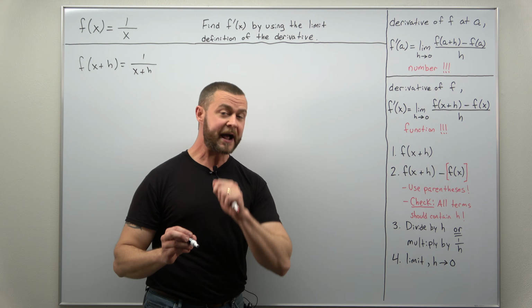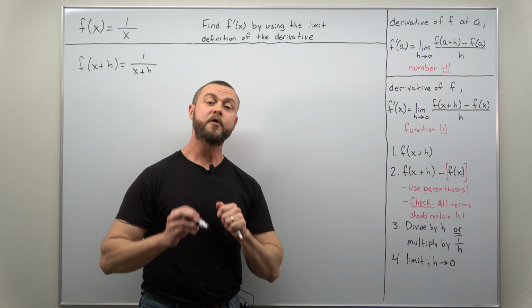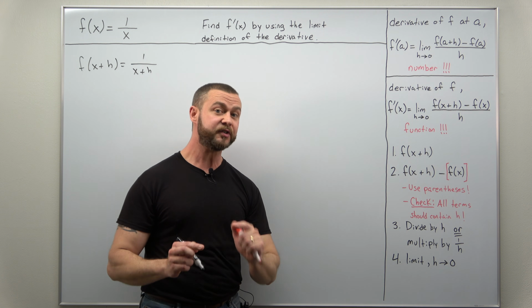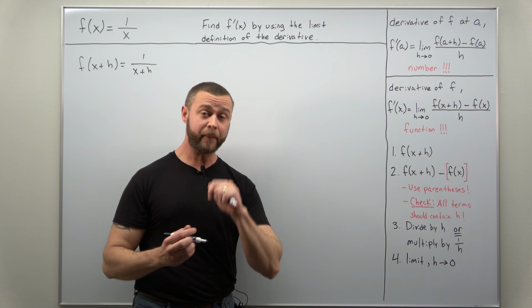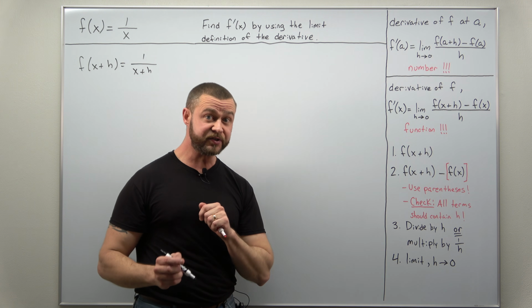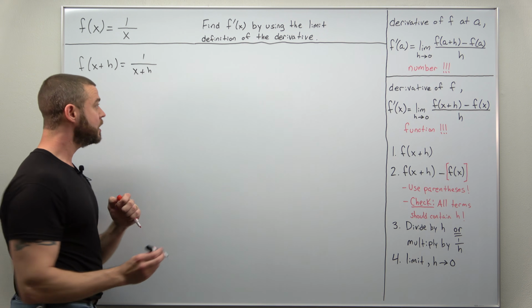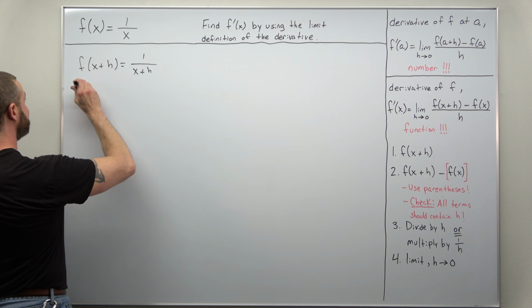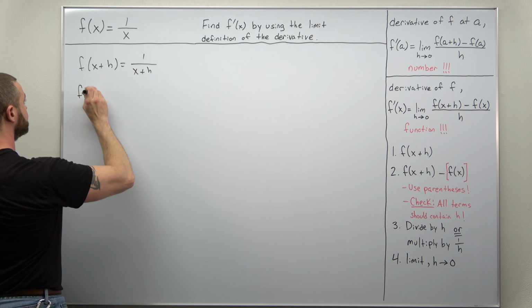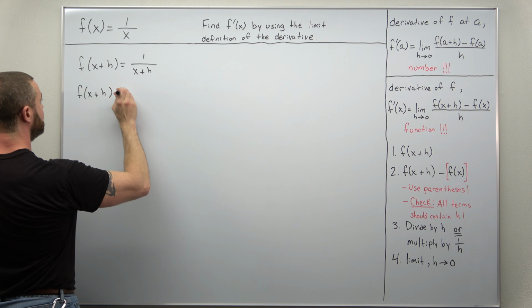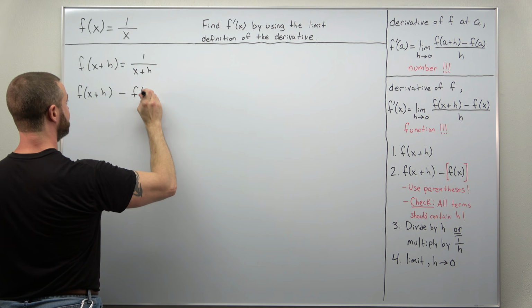You're going to be subtracting fractions. Your 4 standard algebraic tricks, one of them was using a common denominator. And that's what we'll be using here, which is most of the work. And that's going to occur now in step 2 when we take f of x plus h and subtract from that f of x.